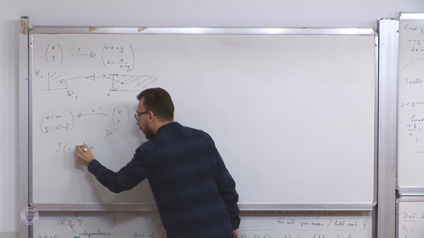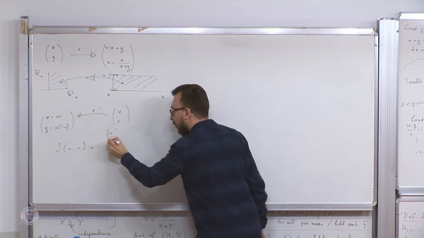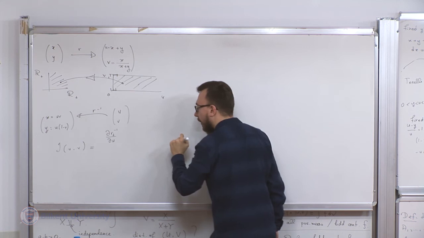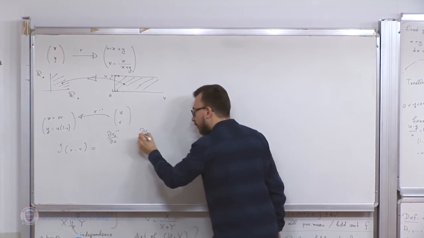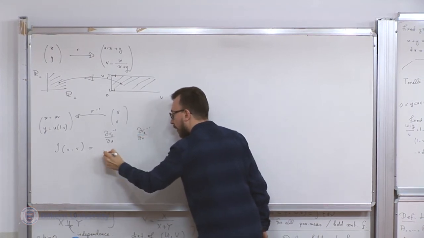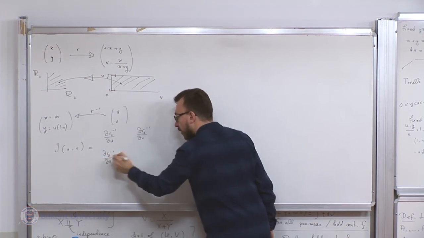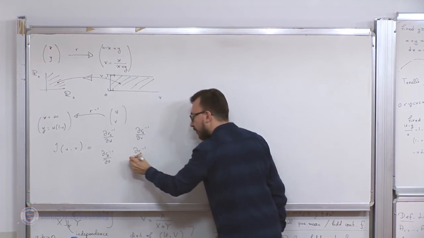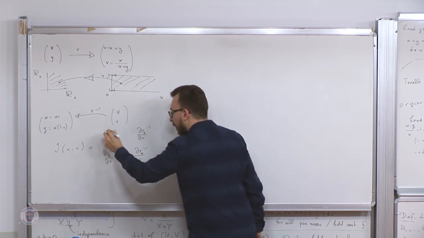So it is the derivative of the first component with respect to u, the derivative of the first one with respect to the second variable, the derivative of the second component with respect to the first variable, and the derivative of the second one with respect to the second variable. You form a matrix.